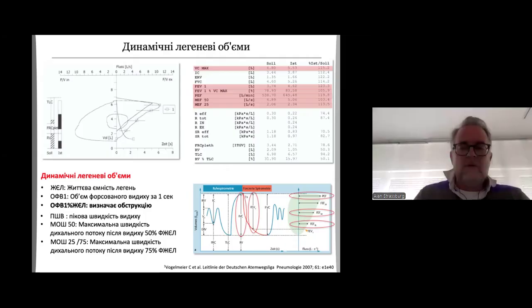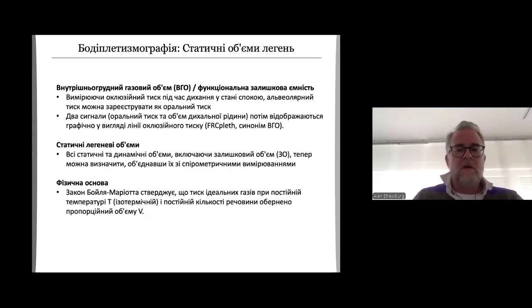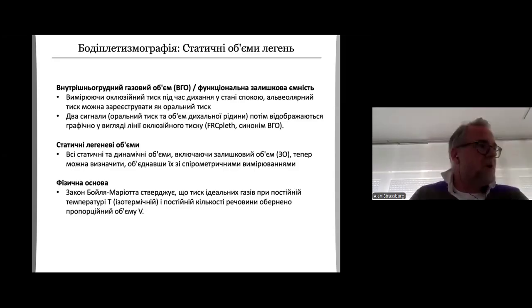In order to focus upon the static lung volumes, like total lung capacity, for example, we need to use the body plethysmography. We need to measure the intrathoracic gas volume and the functional residual capacity. And this is performed by measuring the occlusion pressure during resting breath.